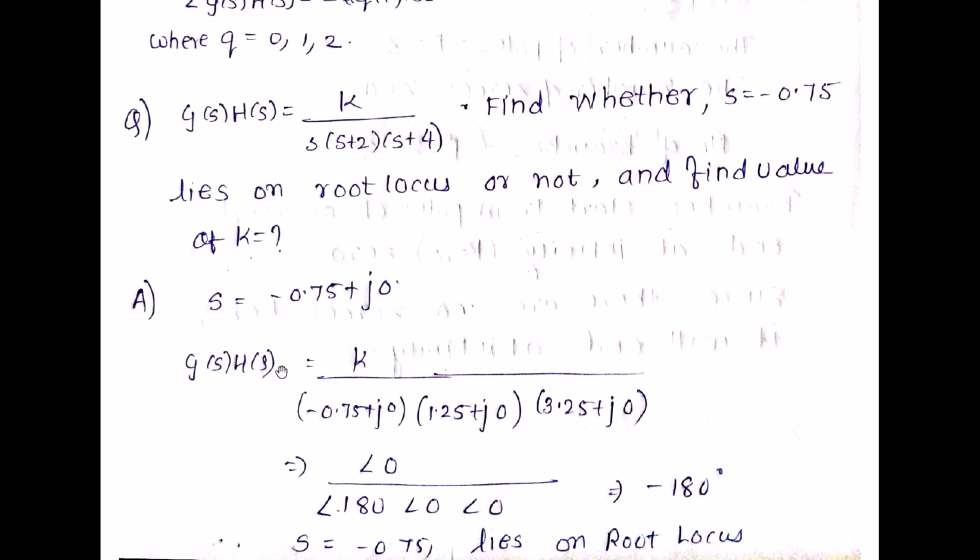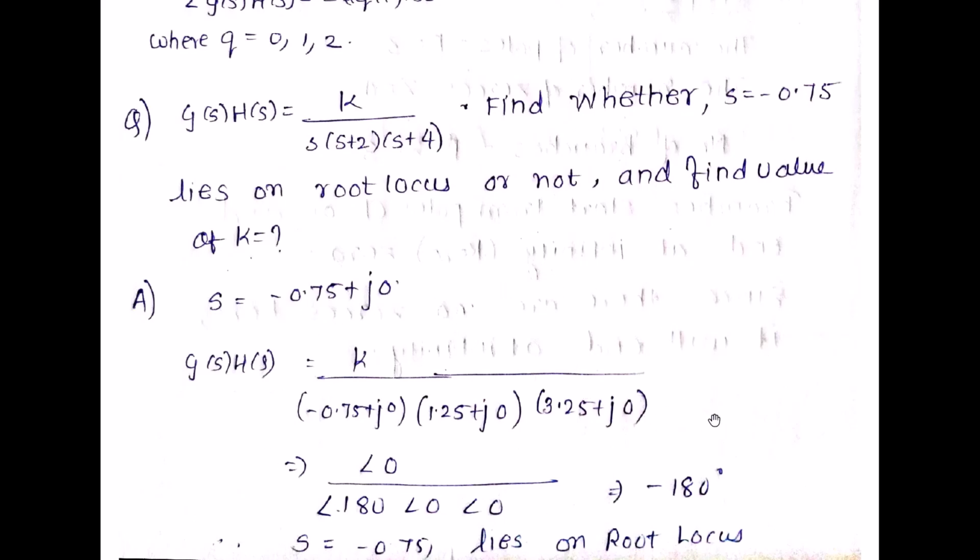That is, G(s)H(s) is equal to K upon (minus 0.75 plus j0). I'm representing it in the form of real plus imaginary. Then minus 0.75 plus 2 is 1.25 plus j0. Minus 0.75 plus 4 is 3.25 plus j0.